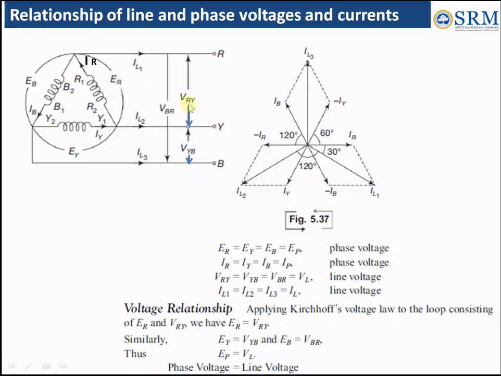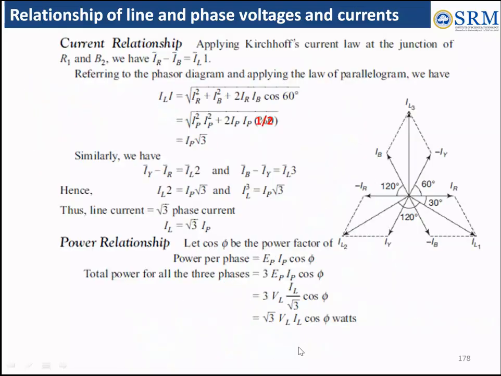So we find that ER equals VRY, EY equals VYB, and EB equals VBR. So EP equals VL, that is, the phase voltage is equal to the line voltage in a delta connected system. But in star, it is only the phase current and line current that are equal.